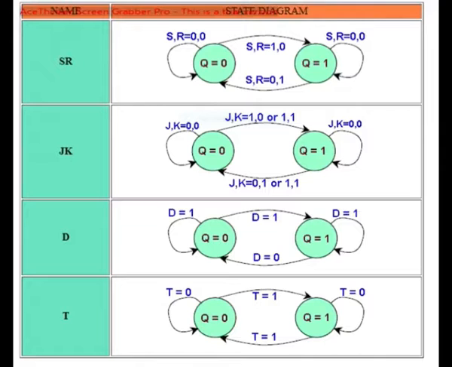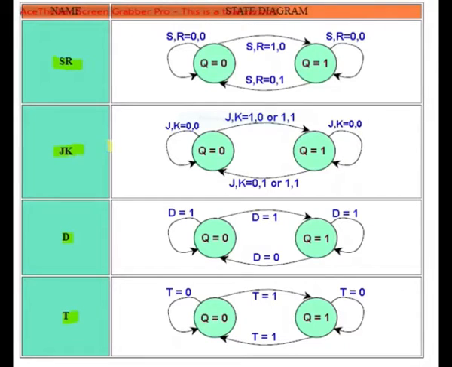Hello everyone, today we are going to talk about the various types of flip-flops in the state diagrams. There are 4 types of flip-flops in the state diagrams, which are the SR flip-flops, the JK flip-flops, D flip-flops, then T flip-flops.